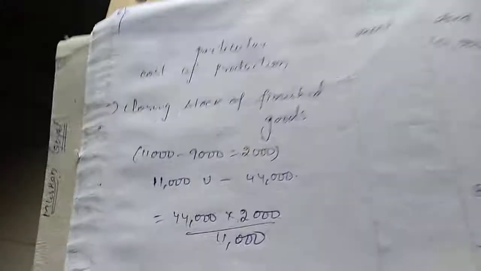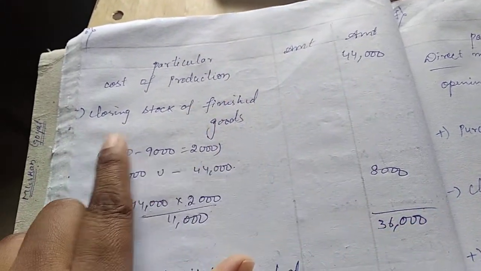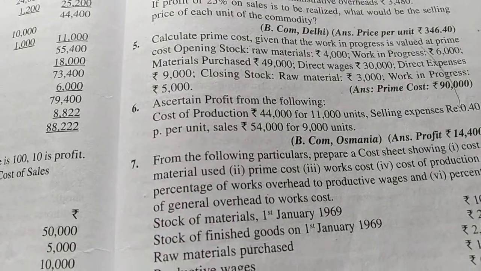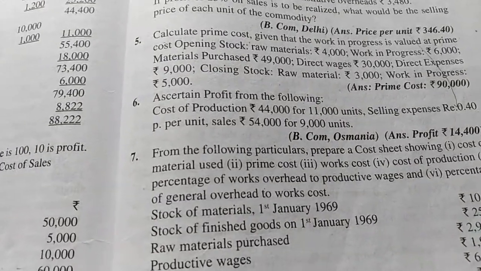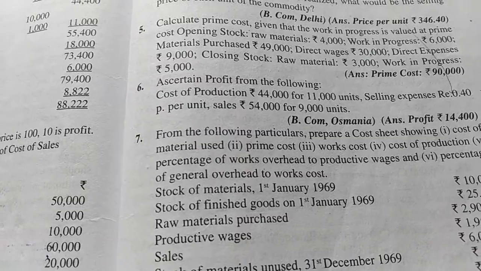So listen, it is an important point, listen carefully. How much cost of production has he given? 44,000. But in the question he has not given the opening stock or closing stock of work in progress. But you have to remember that the cost of production of 44,000 is for preparing 11,000 units.